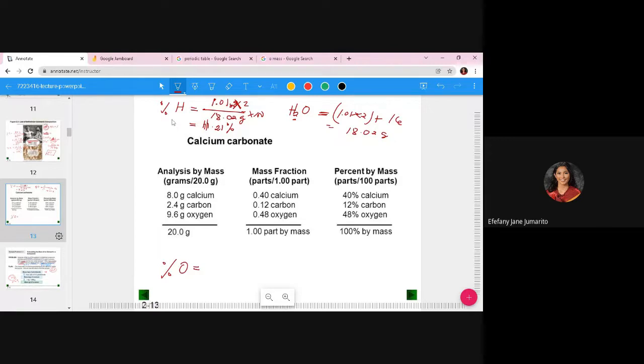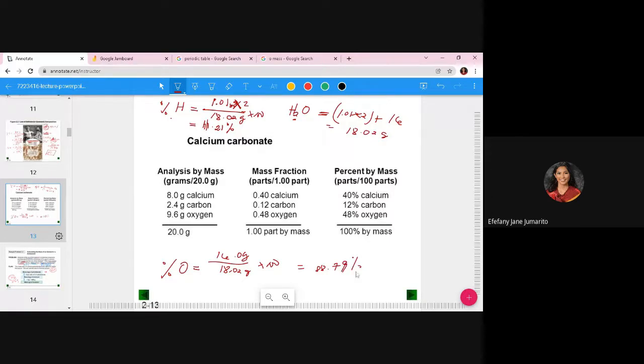So in water, about 11% is hydrogen. The rest is oxygen, so 100 minus 11%, which should be 88.8. Or 16.0 grams divided by 18.02 grams times 100 gives 88.79% oxygen.